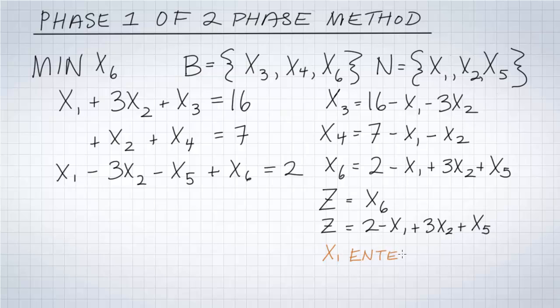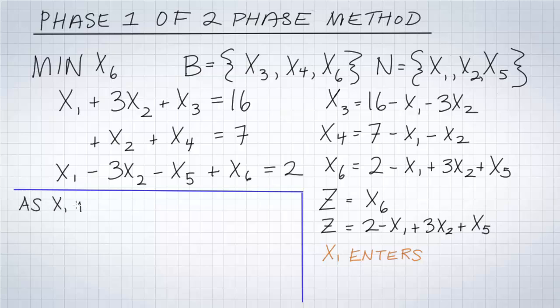Okay. Well, x1 enters. Then we go here. This area here is the area that we have for our departing variable. If x1 enters, then as x1 goes up, x3 goes down, and until x1 is equal to 16, that's as high as it can go.